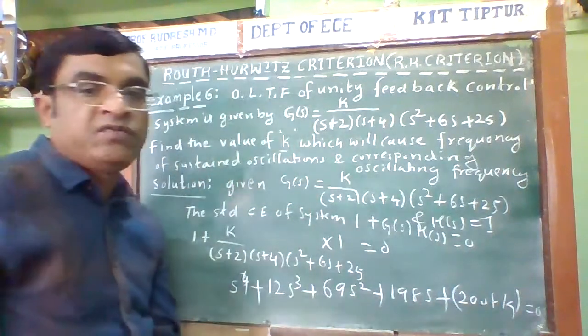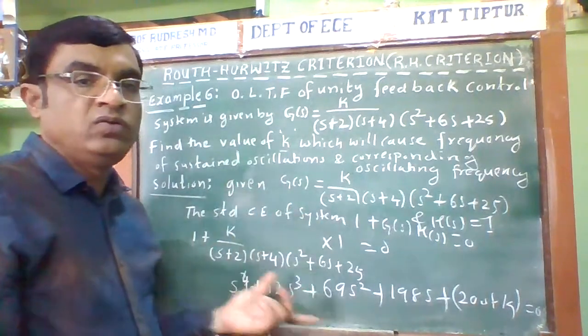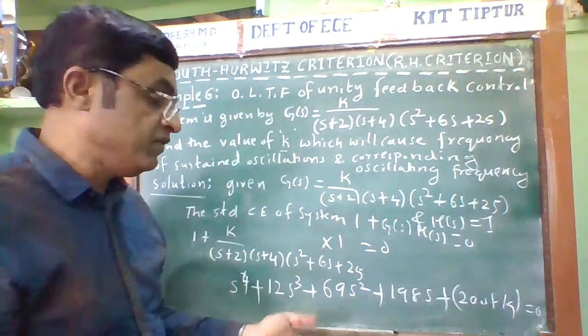This is the characteristic equation. If I know the G(S) value and H(S) value, you can easily calculate the characteristic equation.